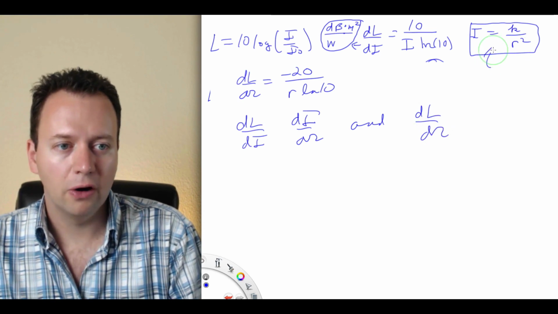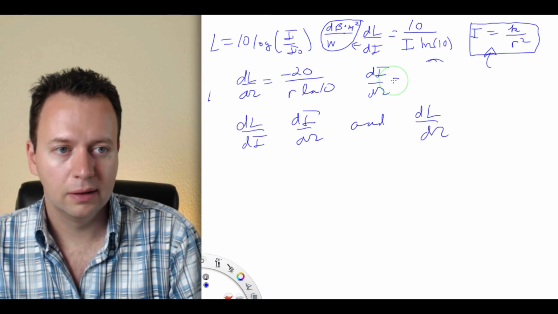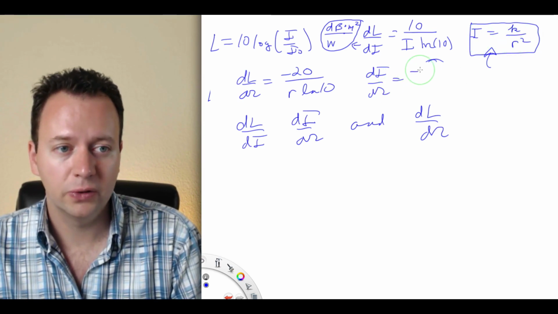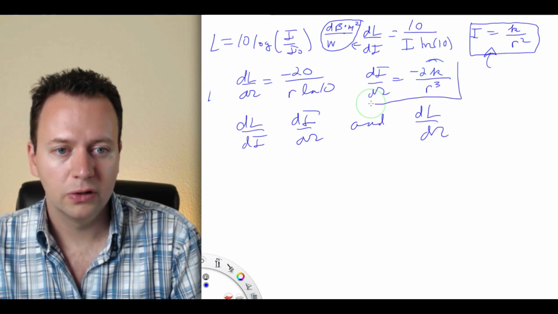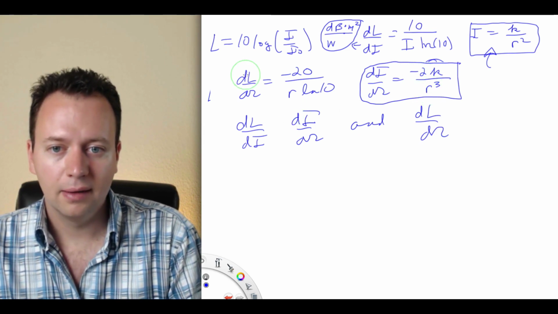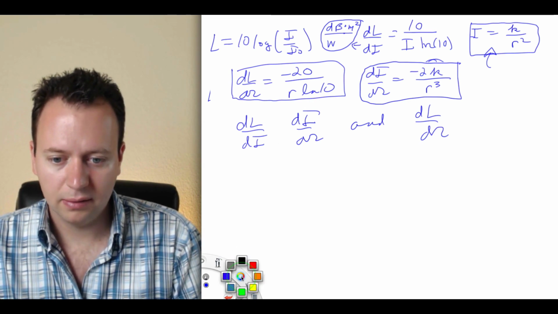So I of R is right here. So the dI/dR is just the derivative of I with respect to R. This is R to the minus 2, so it's equal to minus 2k over R cubed. So the dI/dR is minus 2k over R cubed. The dL/dR was this one. So let's write these ones out.